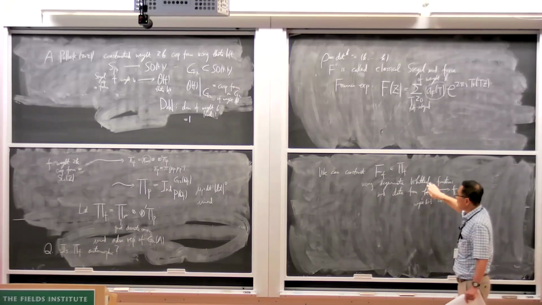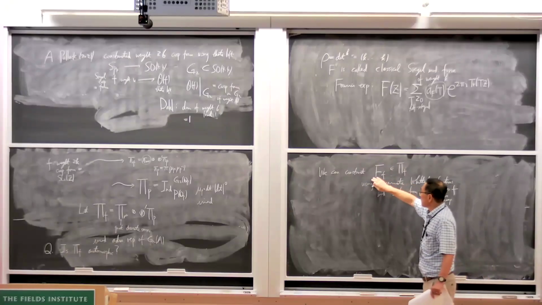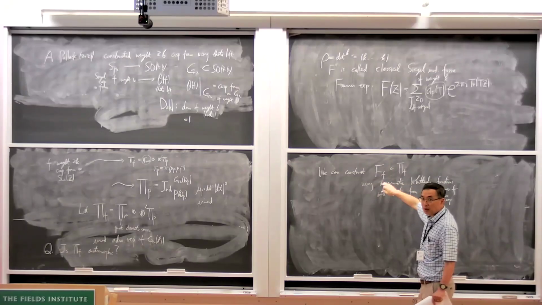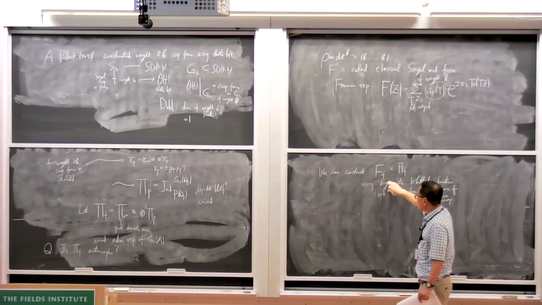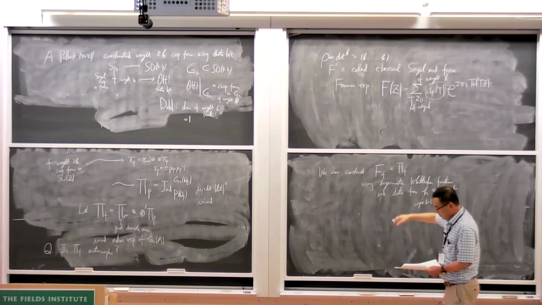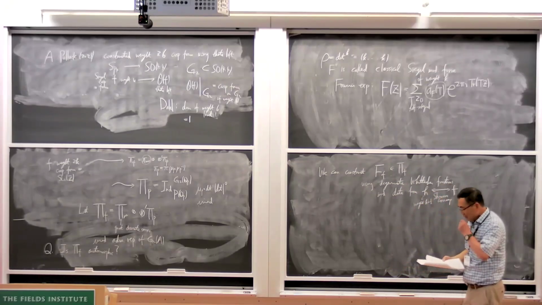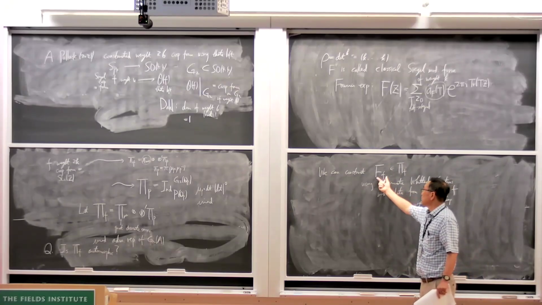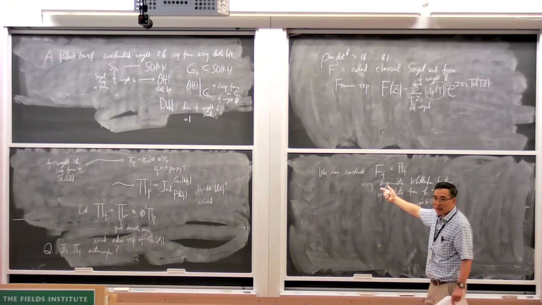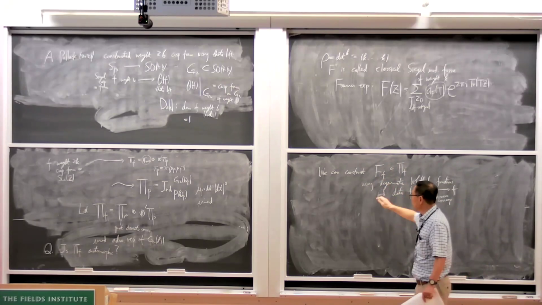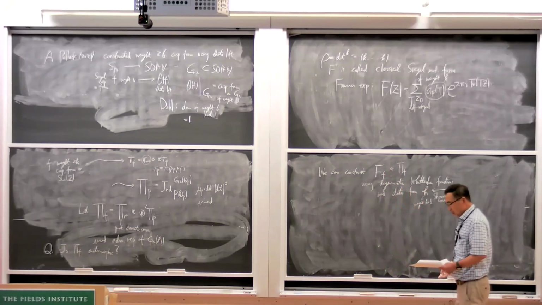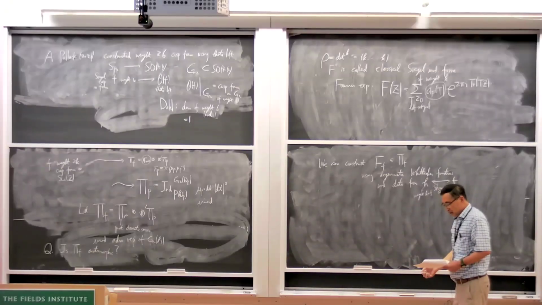So using this data, you can construct very explicit functions. The formula is very complicated, so I'll omit the formula. We spent a long time trying to prove that this is actually automorphic, but we could not show it. So we got stuck.